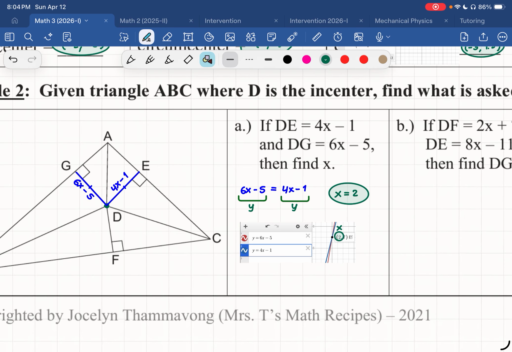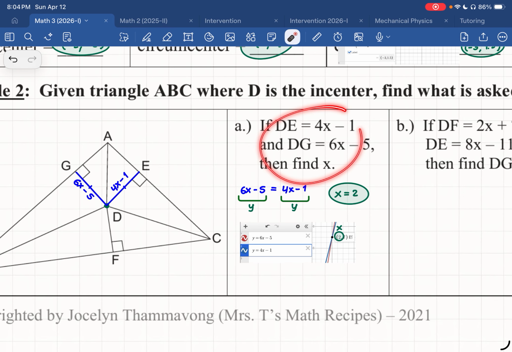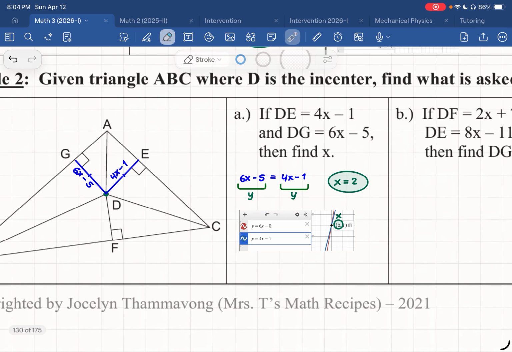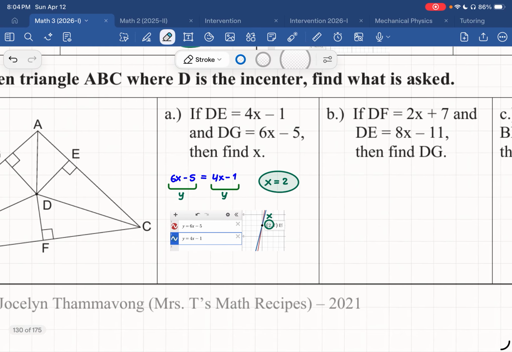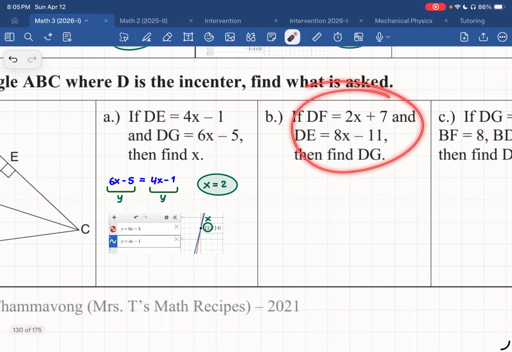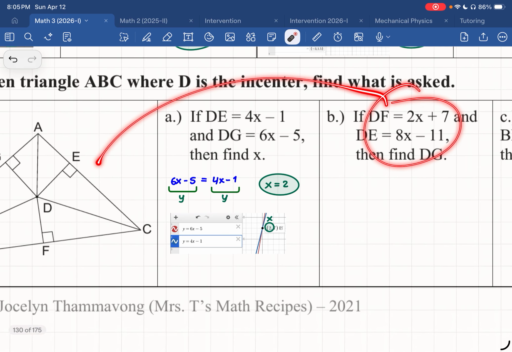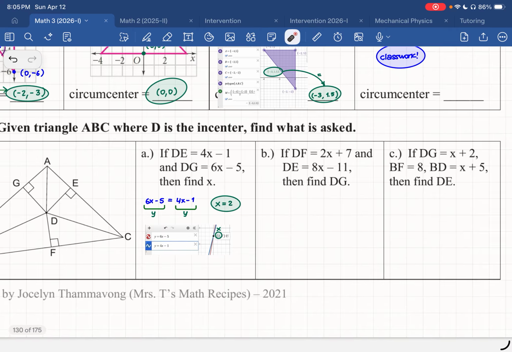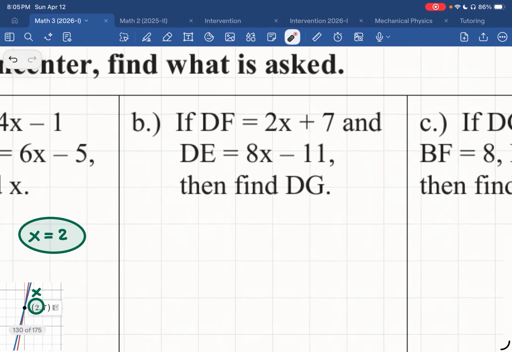For the next one, I used this information to put this information here, but for the next exercise, you're going to imagine that the first exercise never existed. You're going to forget about it because you solved it, and now you're going to put whatever information they're giving you in the triangle, right? For example, it says DF is 2x plus 7.